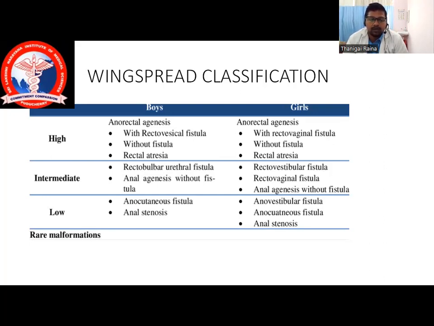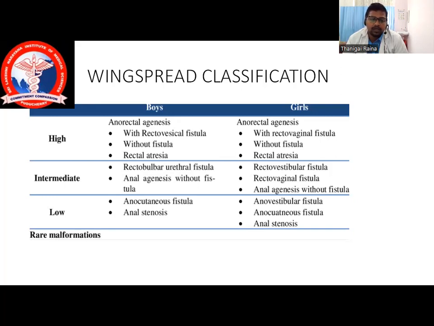In high malformation, the prognosis is very poor. In boys, the anorectal agenesis is with rectovesical fistula, without fistula, and rectal atresia. Contrary to girls, the anorectal agenesis is with rectovaginal fistula, without fistula, and rectal atresia.